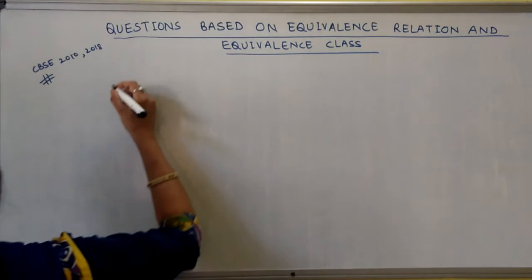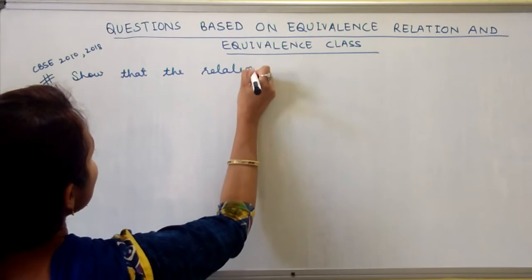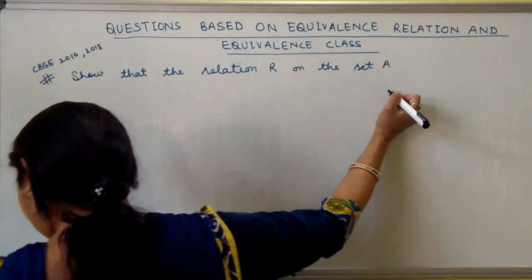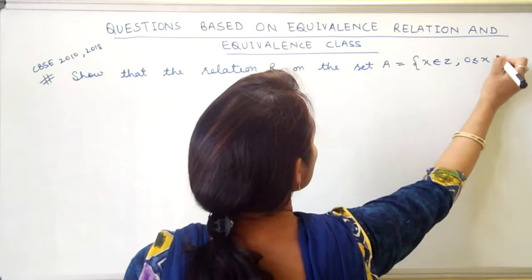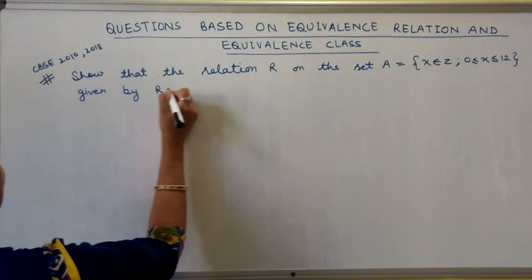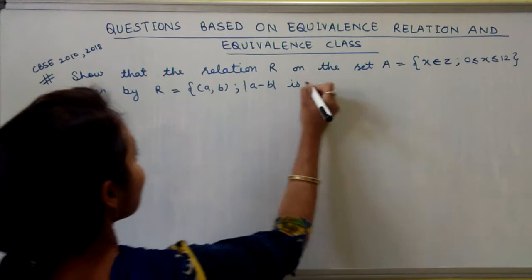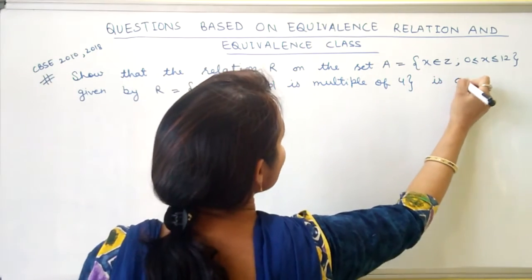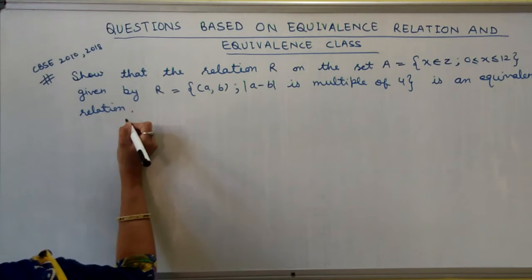The question is: show that the relation R on the set A, that is equal to {x belongs to integers, 0 ≤ x ≤ 12}, given by R = {(a, b): a minus b is a multiple of 4}, is an equivalence relation.